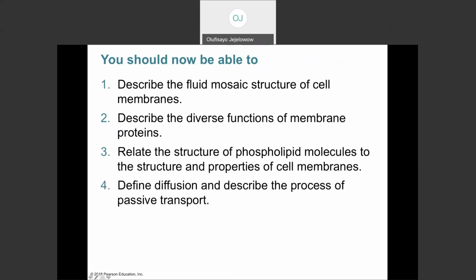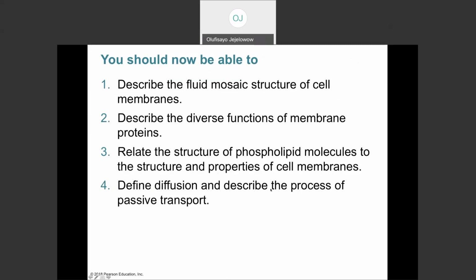So from this chapter, from this lecture, and your studying of this chapter, you should be able to describe the fluid mosaic structure of a cell membrane and the diverse functions of membrane proteins. Relate the structure of the phospholipid molecule to the structure and properties of the cell membrane.